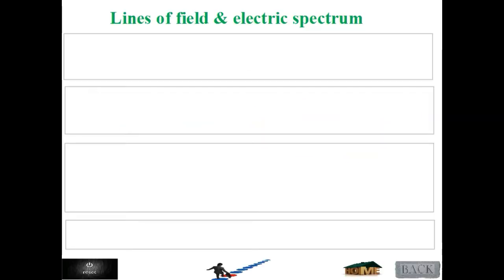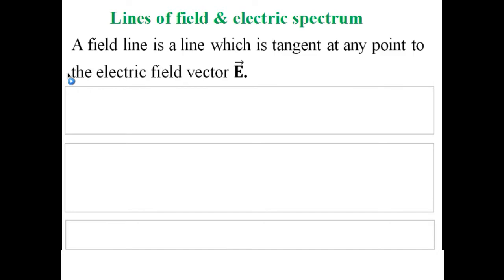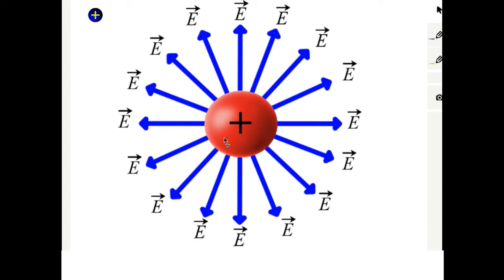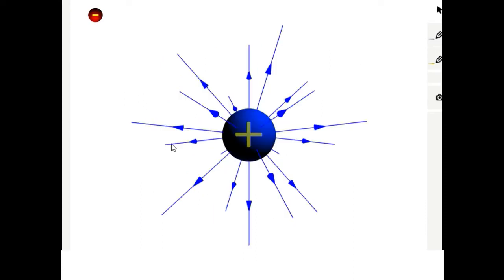Now let us discuss the lines of field and the electric spectrum. A field line is a line which is tangent at any point to the electric field vector E. As we already said, the electric field for a positive charge is centrifugal, and the field line will be tangent to this electric field. That means parallel to the electric field.